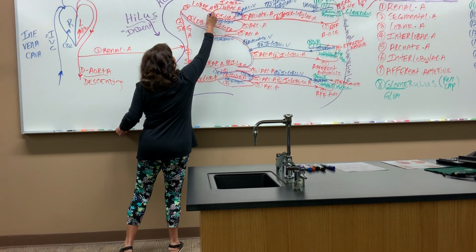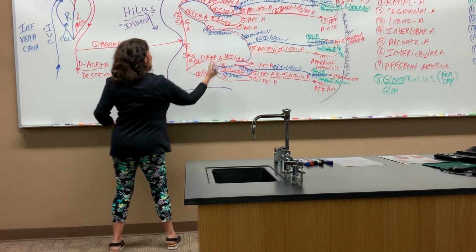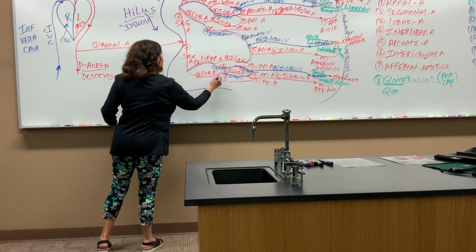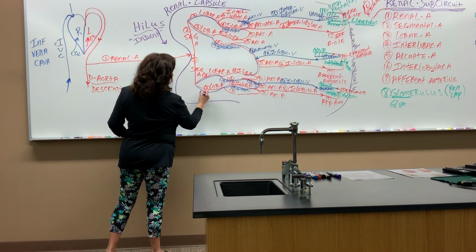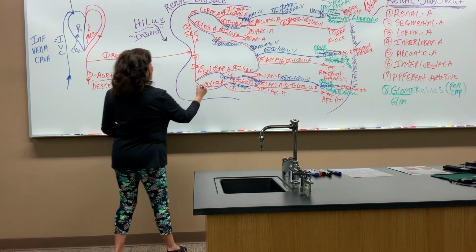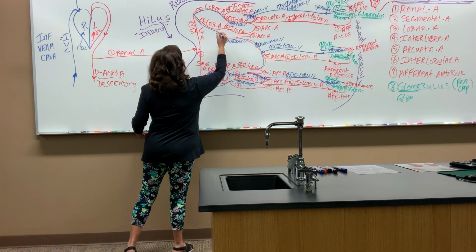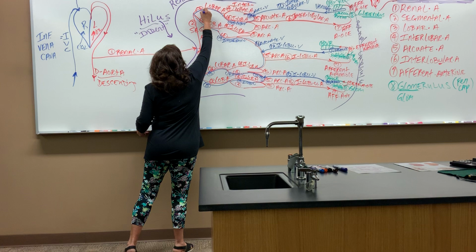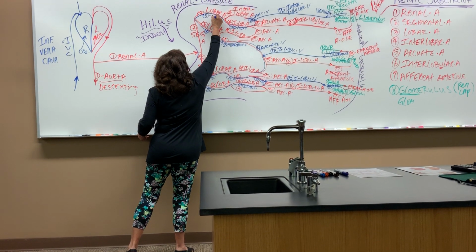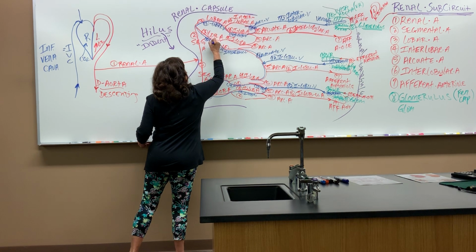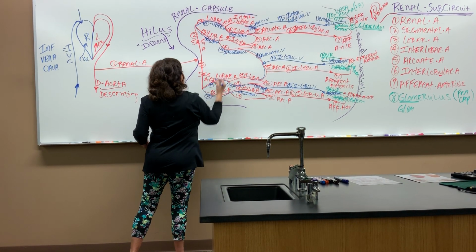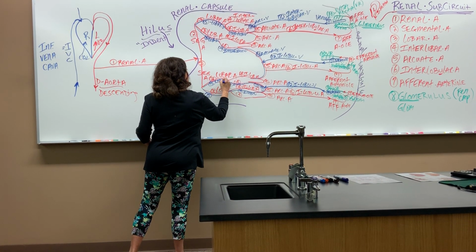And it'll keep coming down like that, and down here, and down here. And so all of these are going to be what? 15 right here, 15, 15, and 15. And so lobar vein.